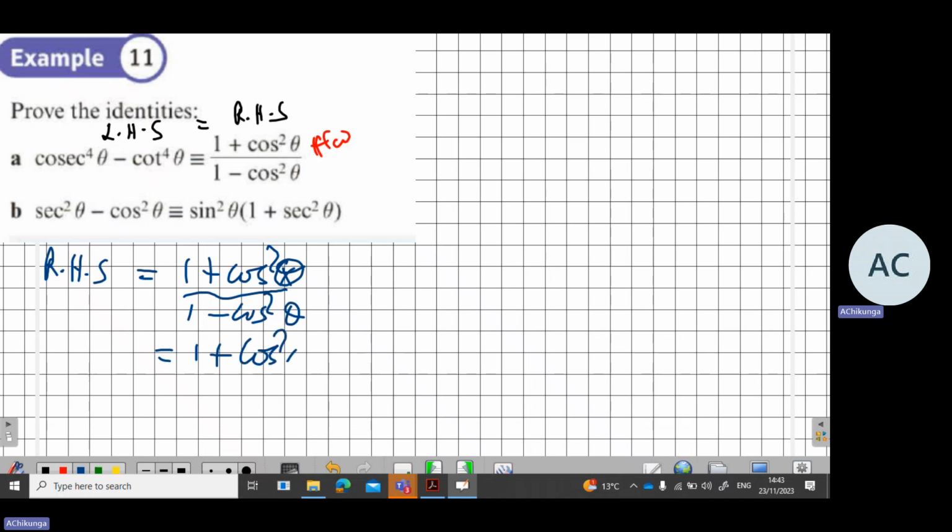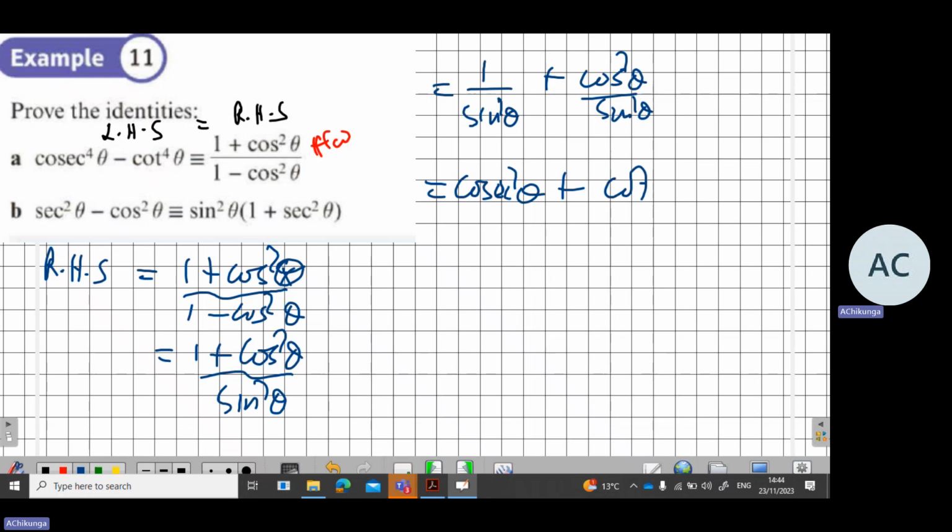I think this is going to work properly well. 1 over sine squared theta, cosec squared theta over sine squared theta. And this is cosec squared theta plus cot squared theta. But I remember very well that if I multiply this with 1, it doesn't change. I just thought about that.